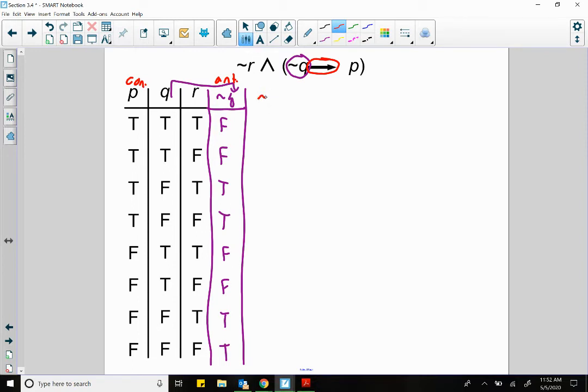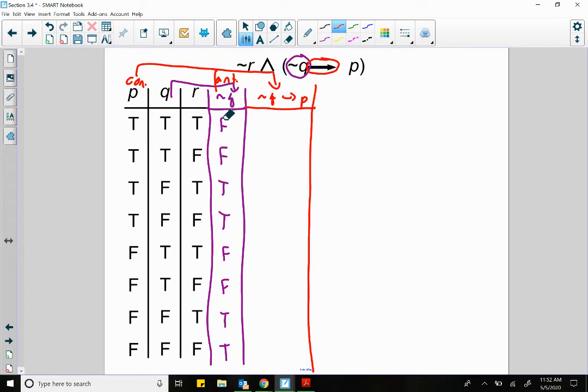So we've got negate Q, arrow, P. That's our new column. And again, negate Q is the antecedent and P is a consequent. So I'm going to be looking at the purple column to my first column when I make my decisions here on the sign. Okay? Remember, conditionals are only false when the antecedent is true, the consequent is false.